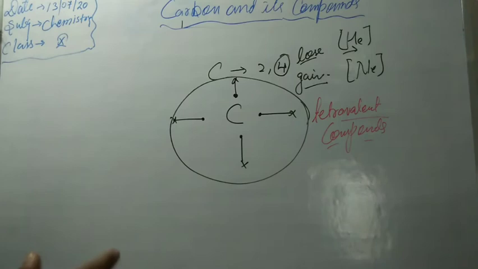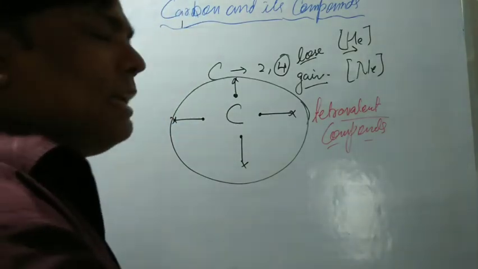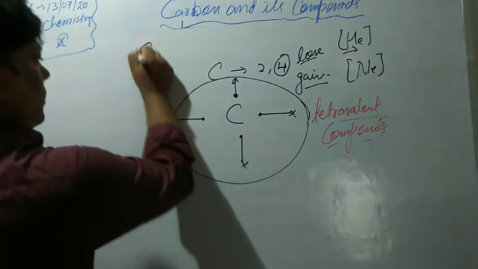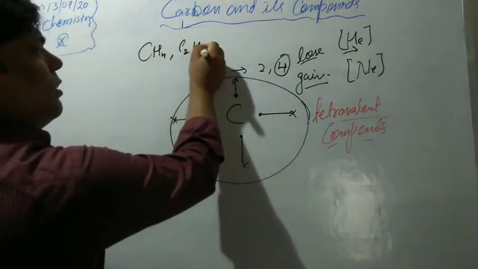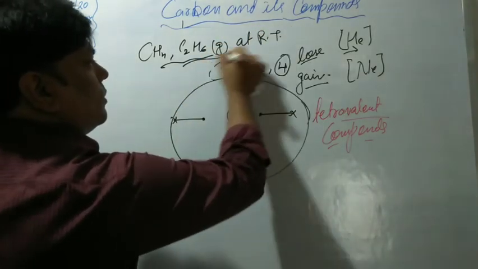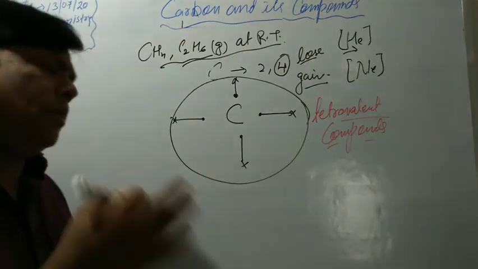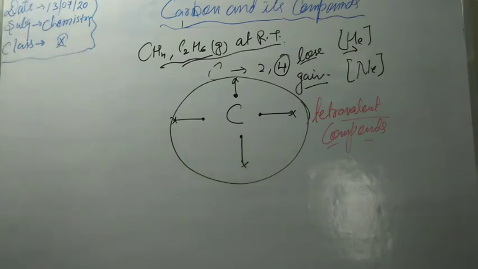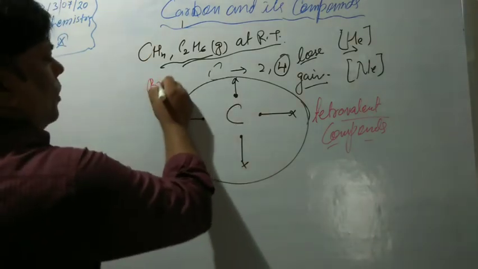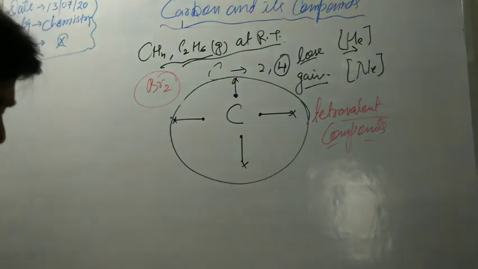Covalent compounds are mostly in gaseous state at room temperature, like methane and ethane. Some covalent compounds are found in liquid state also, like bromine, a non-metal which occurs in liquid state at room temperature.